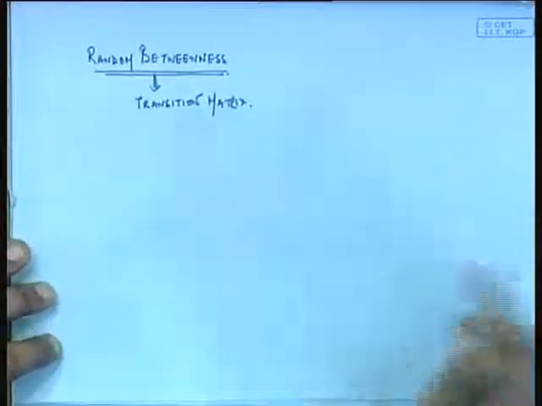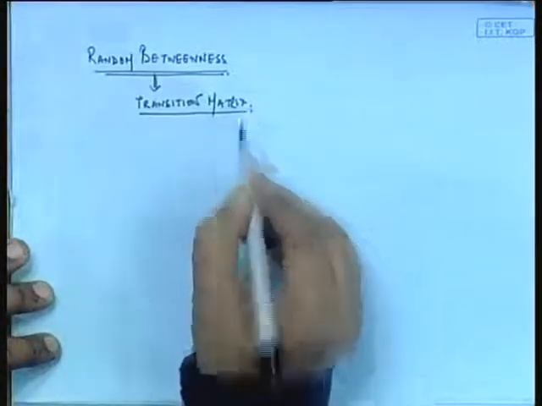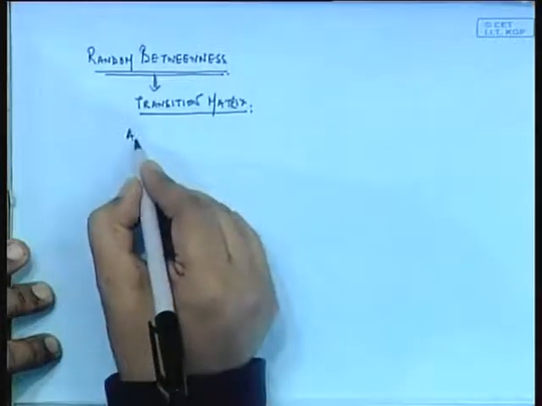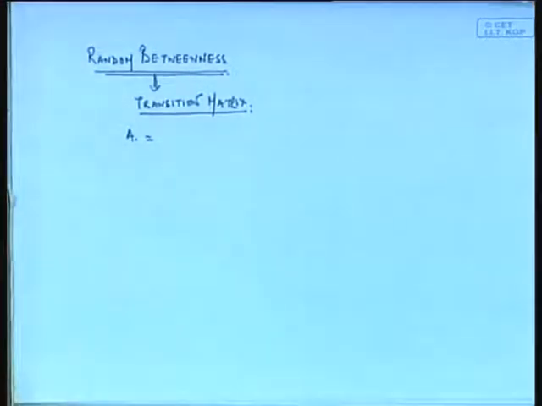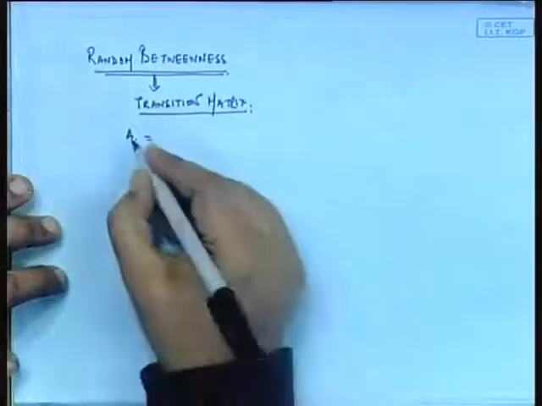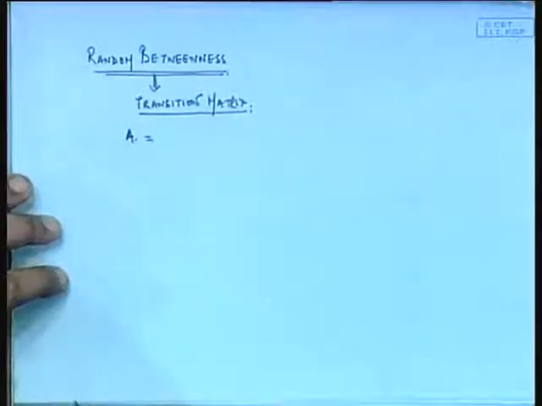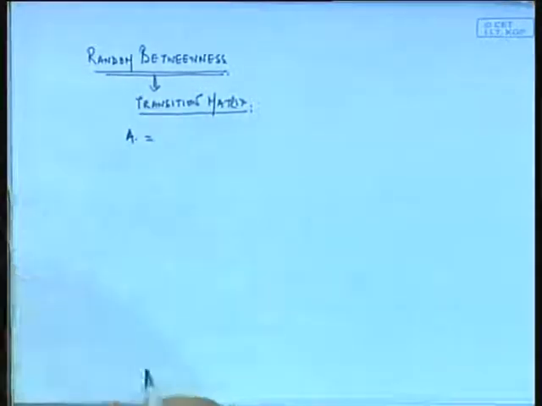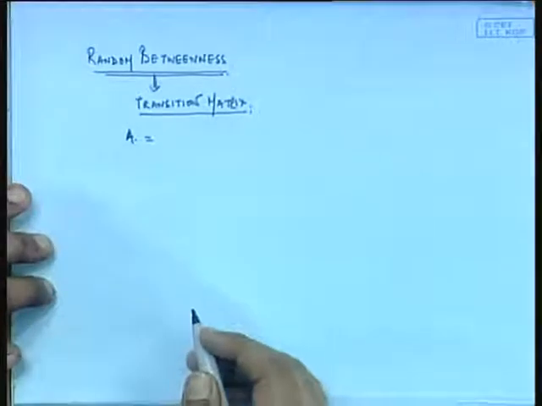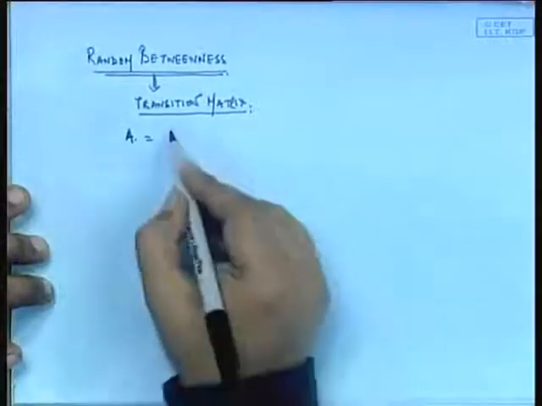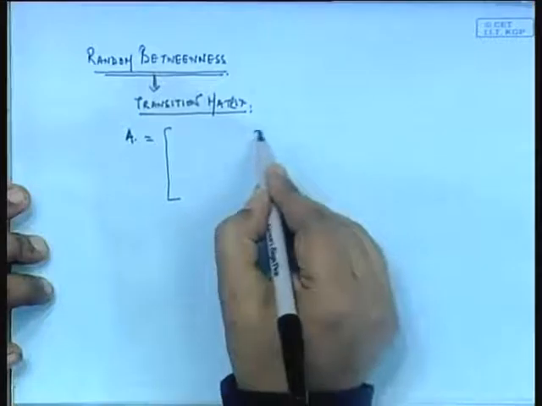What is the transition matrix? Given the adjacency matrix A, how do I get the transition matrix?